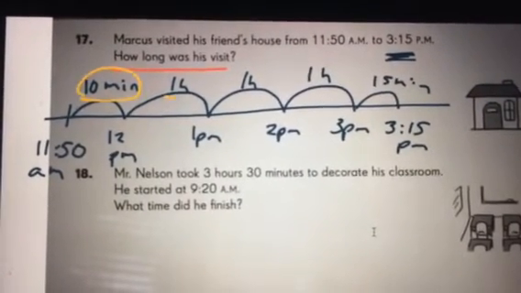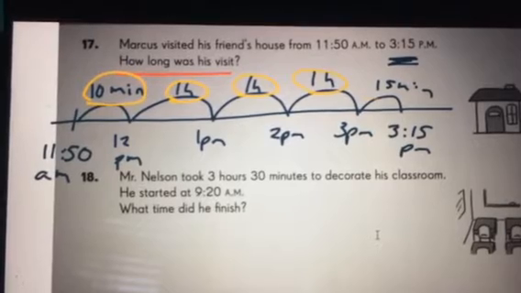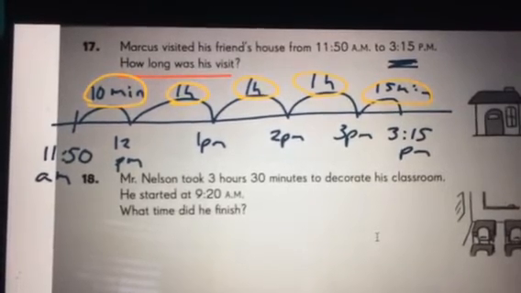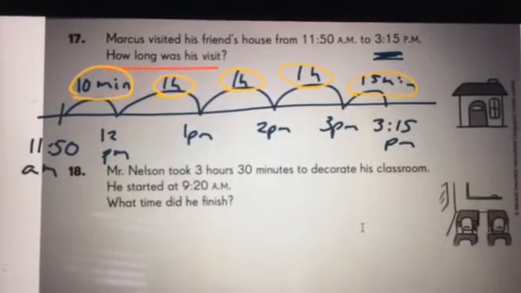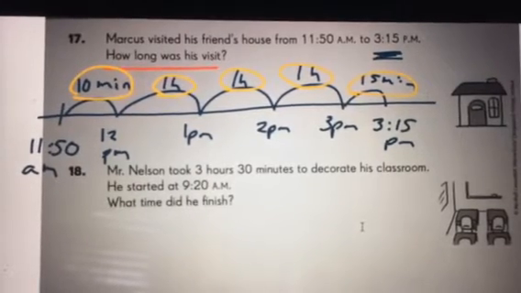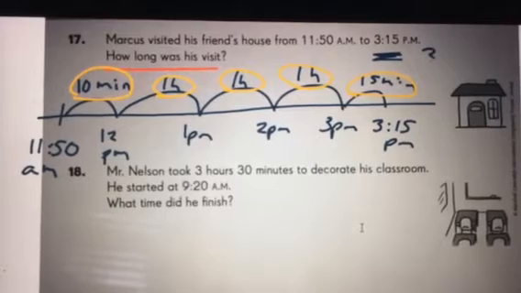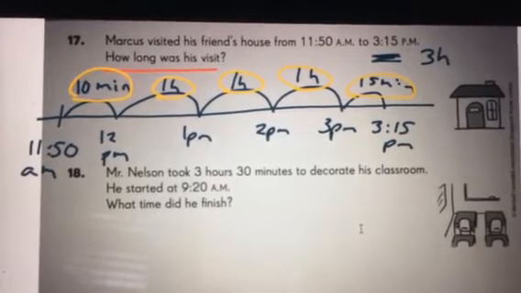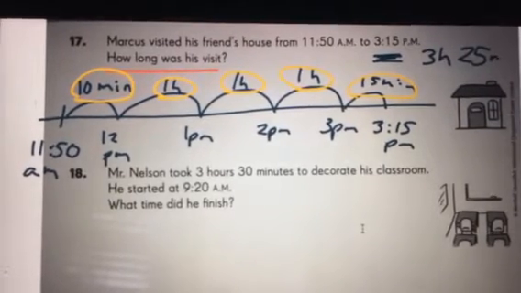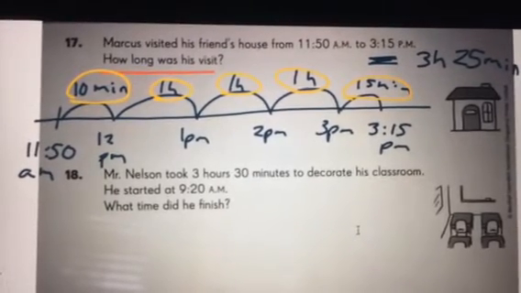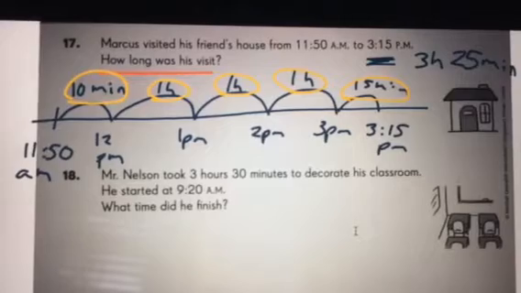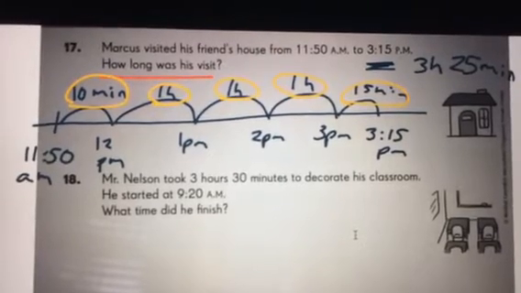And let's add all of the jumps that we did. If you total up all of those hours and minutes, you will know that Marcus spent 3 hours and 25 minutes at his friend's house. So that's how you do a timeline when you're given the beginning time and the ending time.